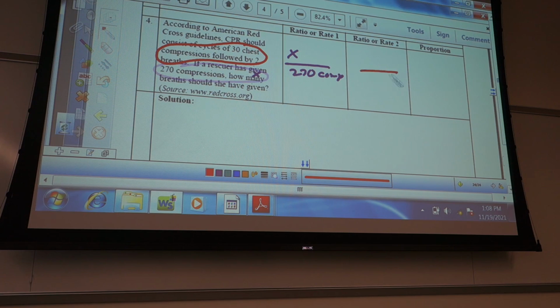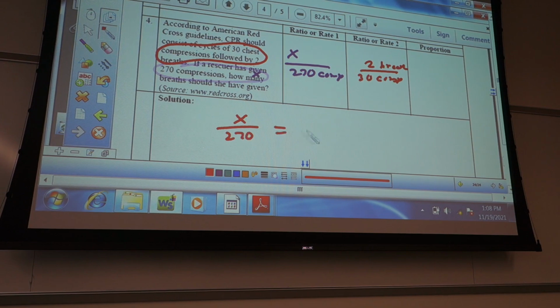The 30 compressions has to be on the bottom, because compressions is on the bottom here. So 30 compressions here, 2 breaths up there. Then I can write them both down here as x over 270 equals 2 over 30.